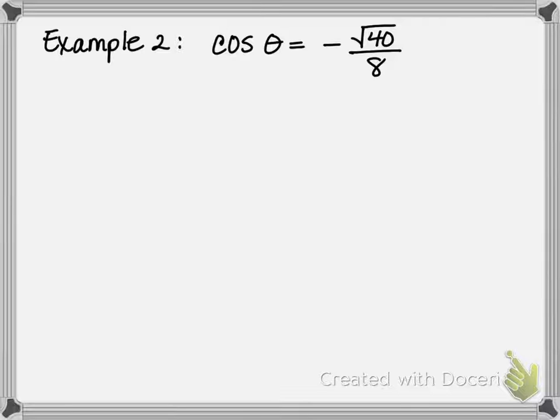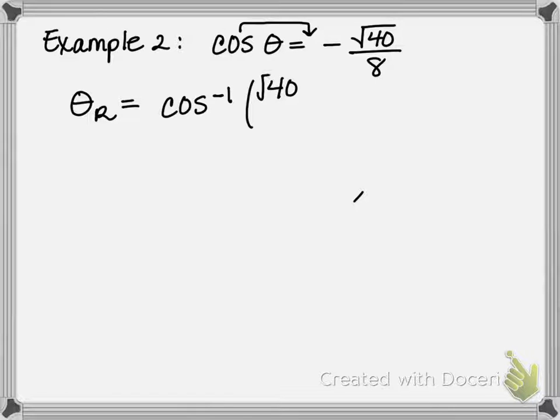Okay, so if you're back, what you should have done is to find your, first of all, reference angle. Your reference angle just meant that you took that cosine and moved it over to this side and wrote cosine inverse. Please don't say cosine -1, cosine inverse, and you took the square root of 40 over 8, and you made sure to drop that negative, right?